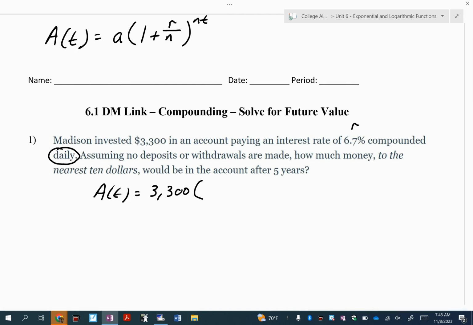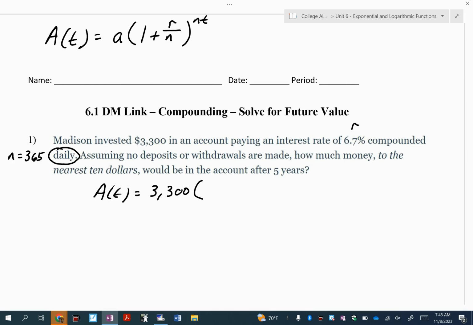When it says daily, what do you think I would put for daily? Not 7, good guess though. No, not 1. Days in a year, days. 365, nice. So daily means N is going to be 365.